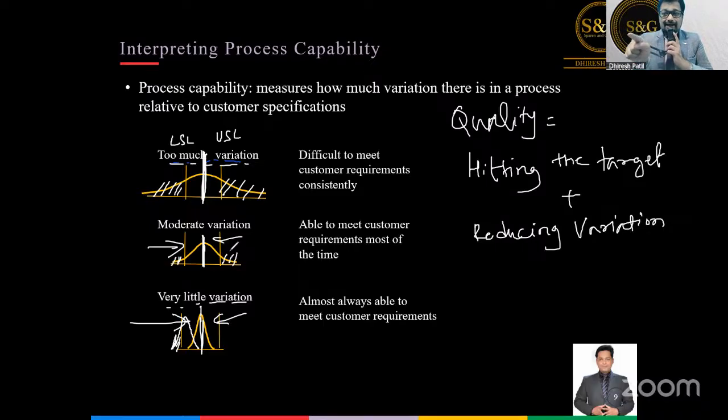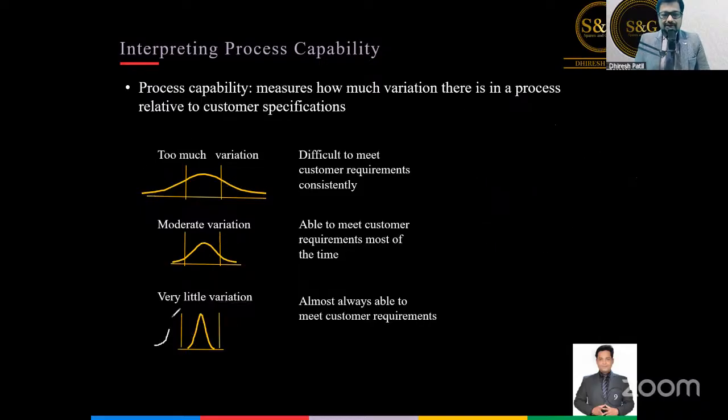Only hitting the target is not enough. Now, for example, look at this. This first process is actually hitting the target, it is at the center, but the variation is very high. And on the other side, if we have a process like this, the variation is very low, but it is not hitting the target. Target is here and the process is basically outside of the specification.